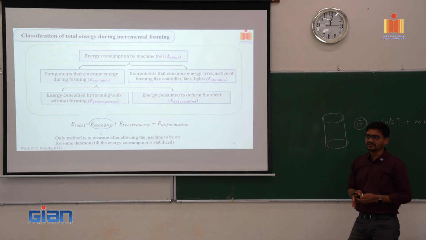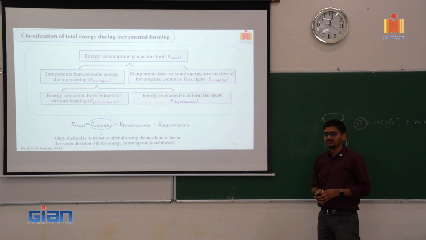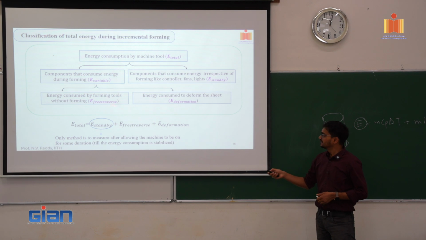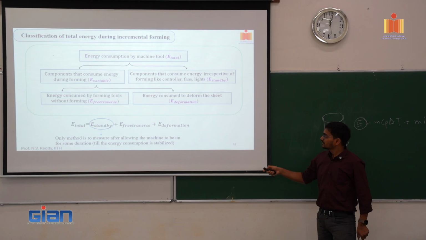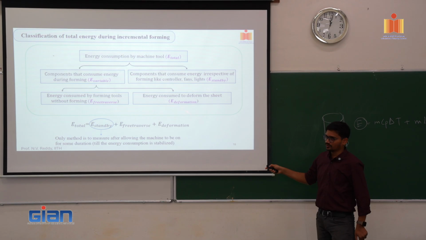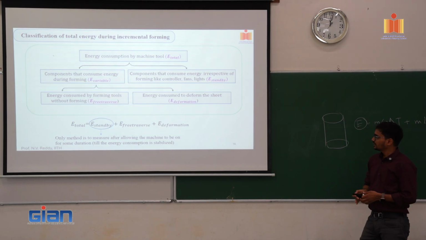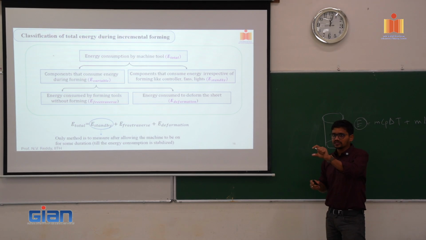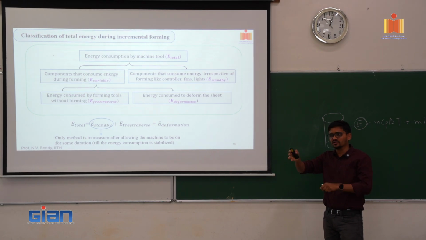The variable part depends on the tool and on the component that you are going to make. If you want to make a small component, this energy requirement will be less. If you want to make a big component, this energy will be more. This variable part has two parts: energy of free traverse and energy of deformation. In double-sided incremental forming, the tool needs to traverse in two directions, and depending on the geometry, it will deform the material at some locations.